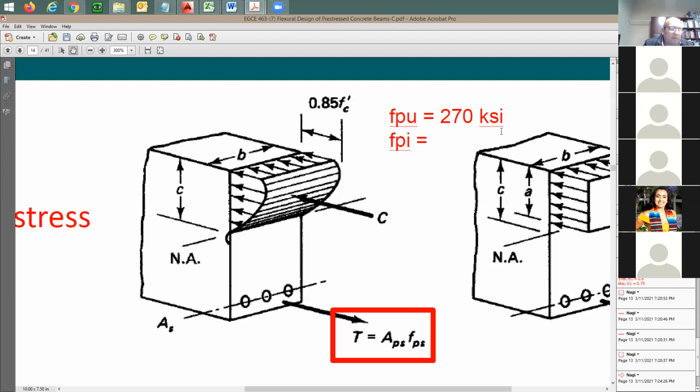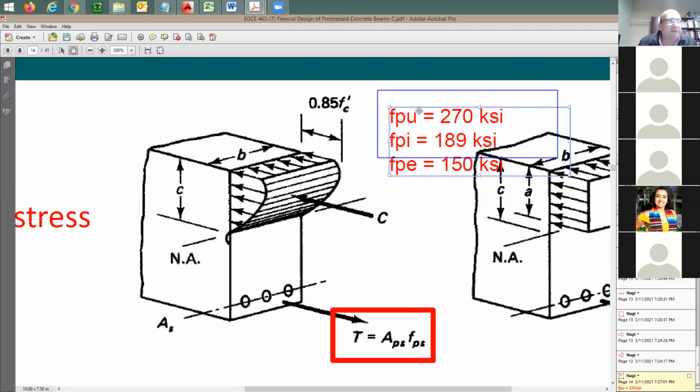Typical value. You guys recall this value? At the time of pre-stress? And FPE is how much? 150, right? KSI, correct? You guys recall these three values?